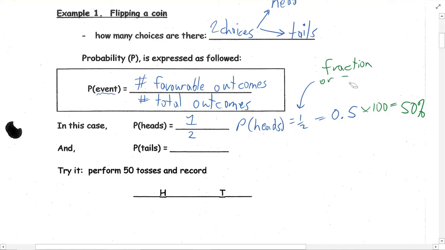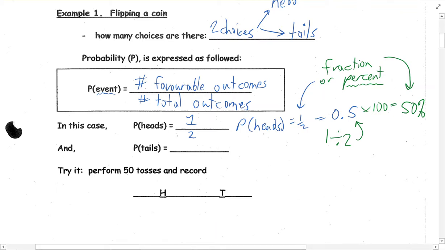Usually we don't actually leave it as a decimal, okay? But you can, because you got to go from fraction to the decimal. To go to the decimal, we go 1 divided by 2, and that would give us the 0.5. And then we times by 100 to get to percent. Okay. Remember, percent stands for per 100. So we can say to get heads, it's 50%.